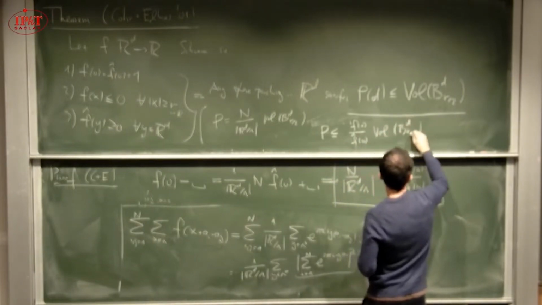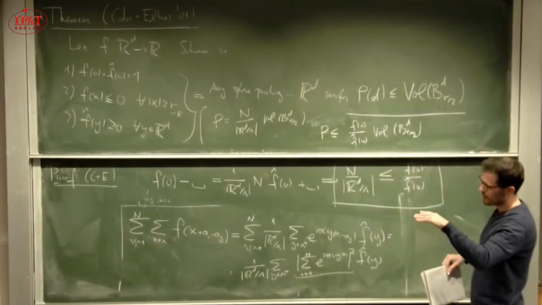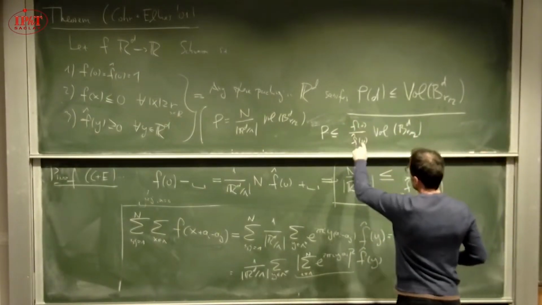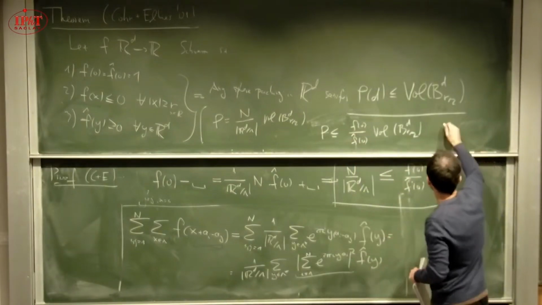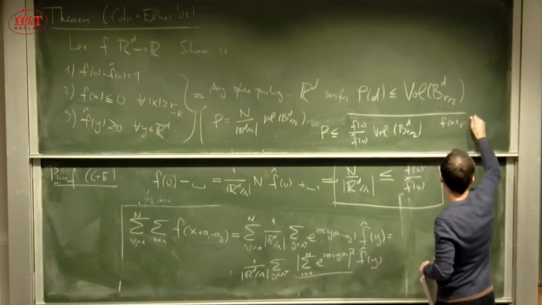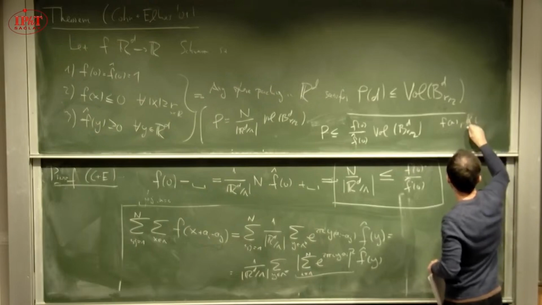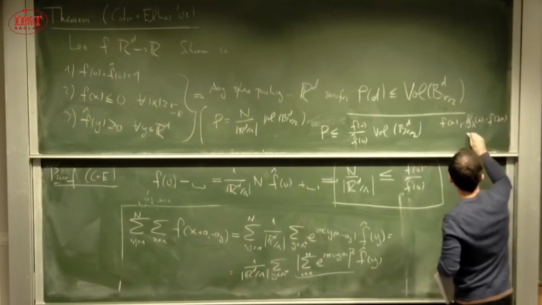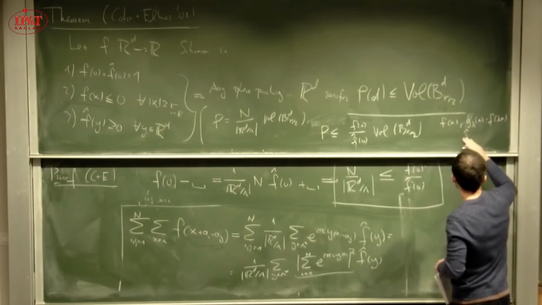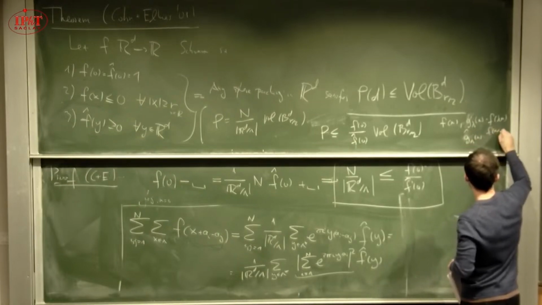to the d. Okay, but now this formula has some gauge symmetry. First of all, it has a symmetry of multiplying f by a constant, because this ratio is fixed, but it also has a symmetry of rescaling space by a factor. So suppose you have some f of x and you define a new function g of x, which is f of lambda x, then g hat is the same thing as f hat of x over lambda, over lambda to the d.